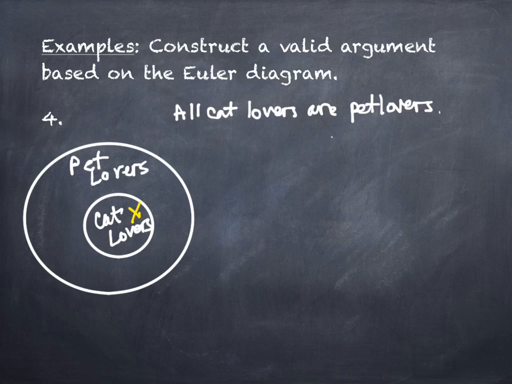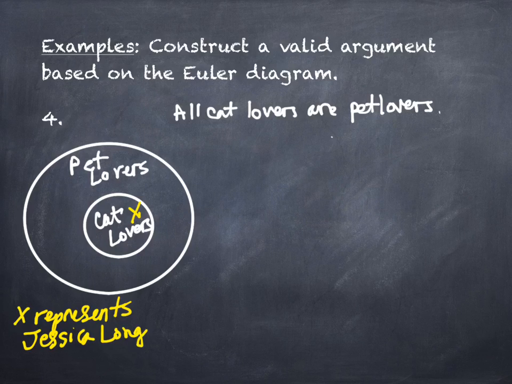Now what? Oh, yeah, it says that on the outside of your paper. I didn't write that in here. This is part of the given question: X represents Jessica Long. Okay, so Kaylin, you wanted to tell me what the next piece was. Jessica Long is a cat lover. Why does that work for us with this diagram?